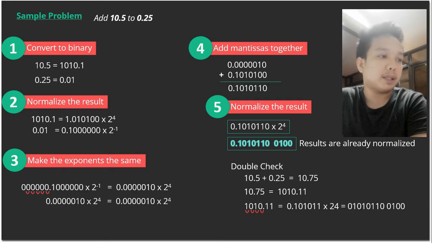Then you have to make the exponents the same. You have to move the decimal to the left. So we have the result of 0.0000010 by 2 raised to 4.